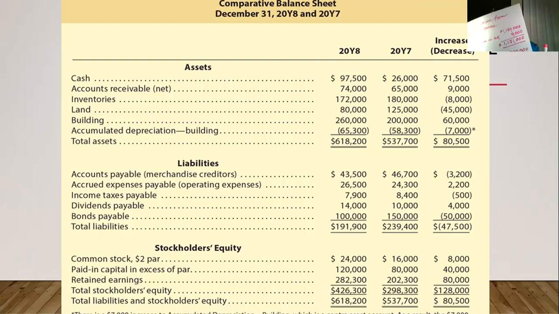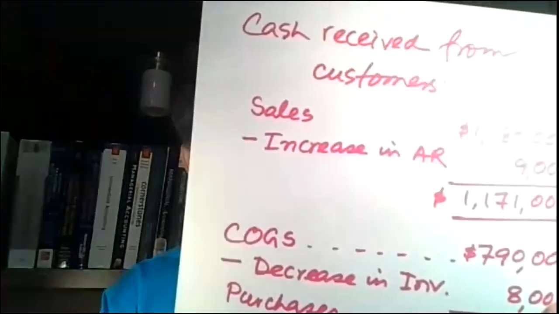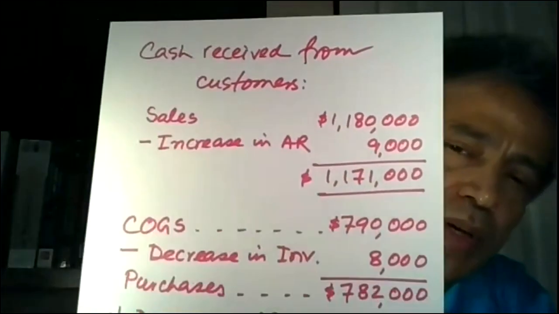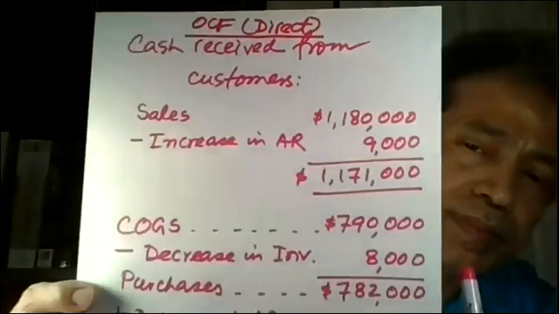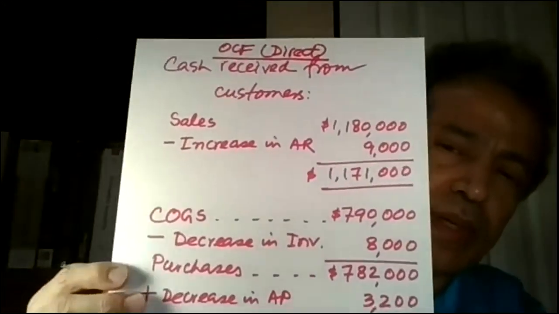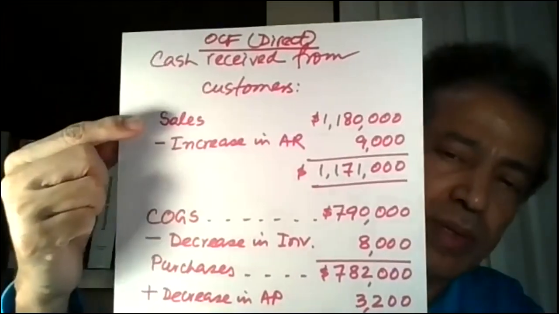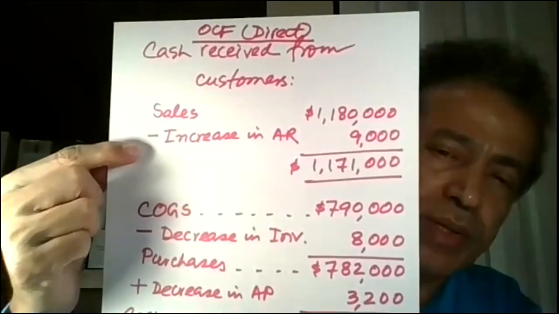So let me show you again. This is how I did it under the direct method. This is operating cash flow using the direct method. Cash received from customers is sales minus the increase in accounts receivable.